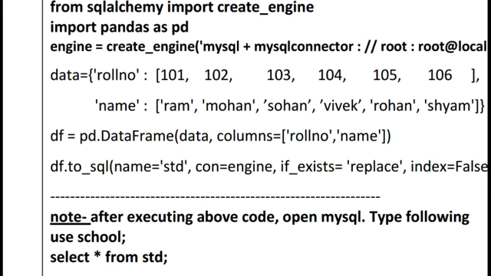And I pass the data variable into pd.DataFrame with columns roll number, name, and df is our data frame variable which can hold the whole complete table. But the new thing is, I want to transfer this Python data frame table to the MySQL database, school database. So here I want to perform the export operation.